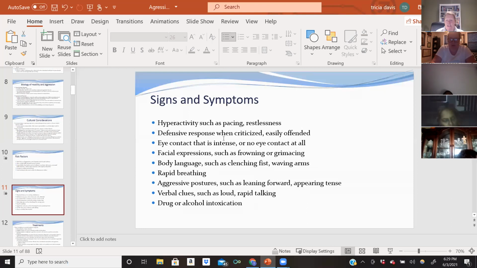Again, there are aggressive postures, leaning forward, appearing tense. How do they sound verbally? Are they starting to talk loud? Are they getting louder and louder? Are they saying things that seem aggressive? Are they talking very fast? And then have they been taking any type of drugs? Or are they intoxicated with alcohol?